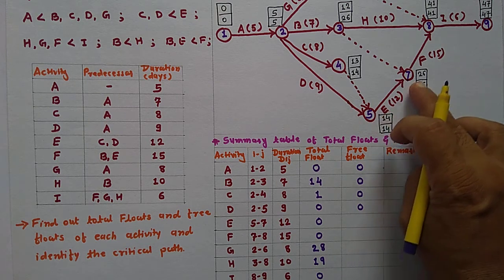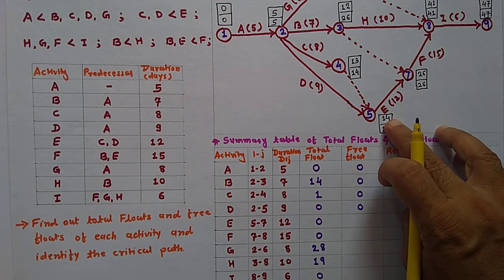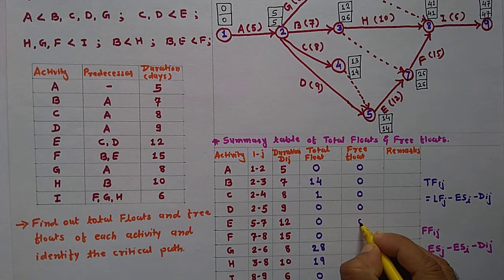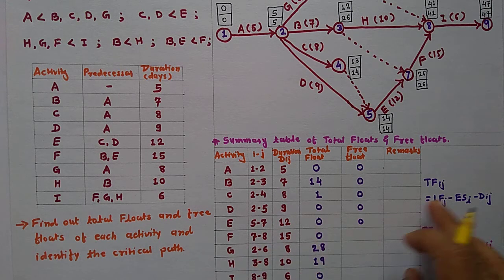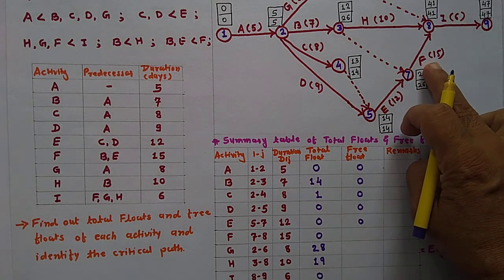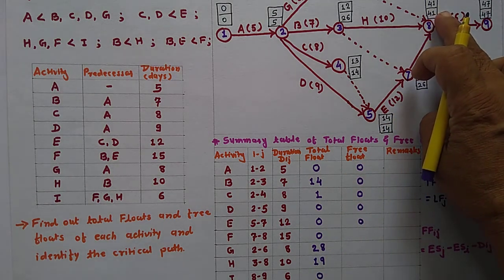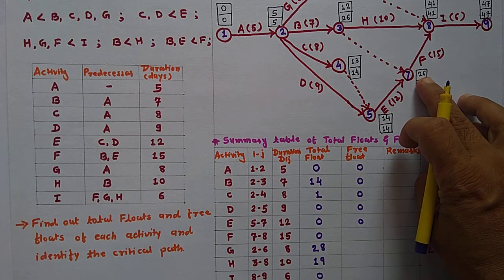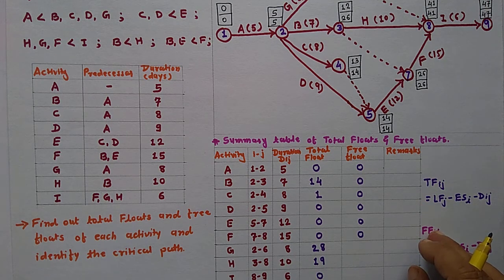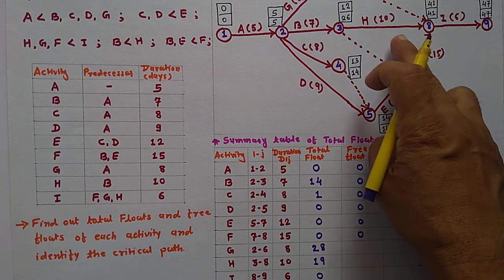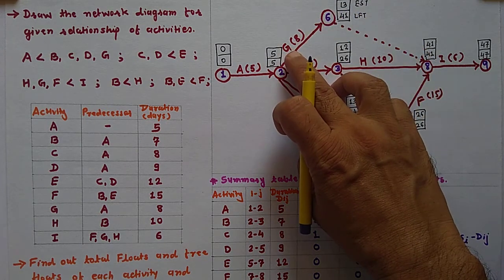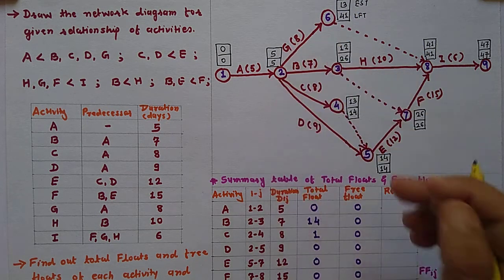Activity E: 26 minus 14 is equal to 12, minus duration 12, so 0. Then activity F: 41 minus 26, that is 15, minus duration 15 is equal to 0. Then activity G: 13 minus 5 is equal to 8, minus duration 8 is equal to 0.